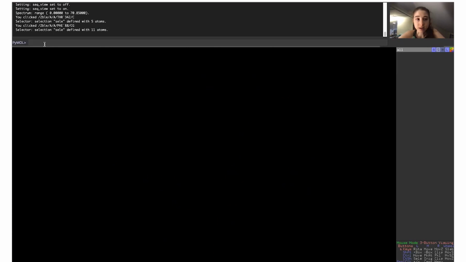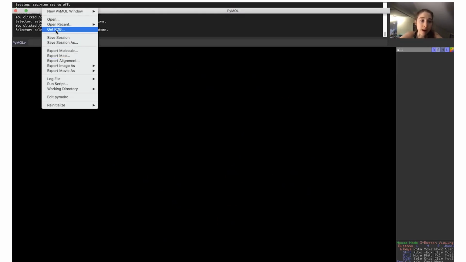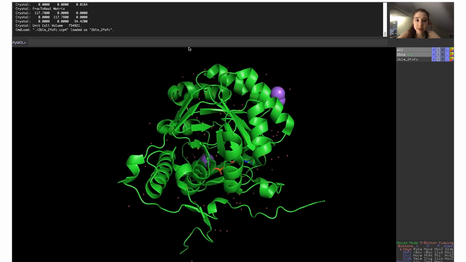So if I come into Primal, what you can do is just File, Get PDB. So 2BLE, and we want to download this 2FOC map. I'm not going to get into the details about maps. I'm just going to remove the solvent so we don't see those waters.